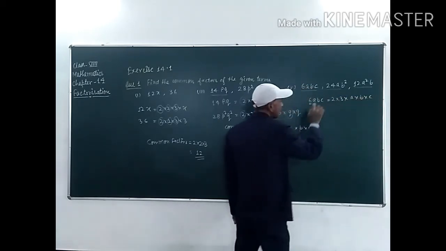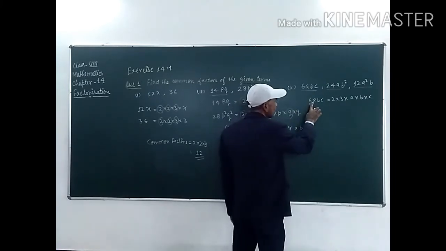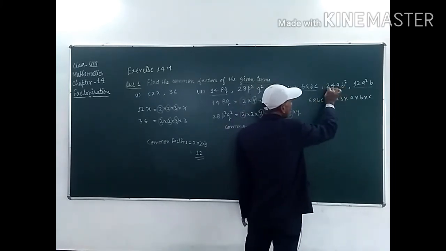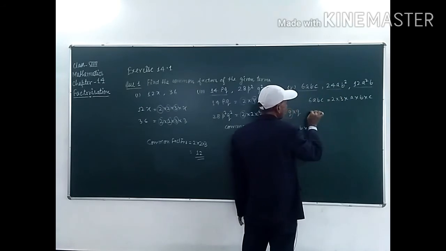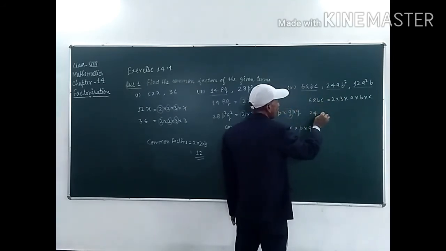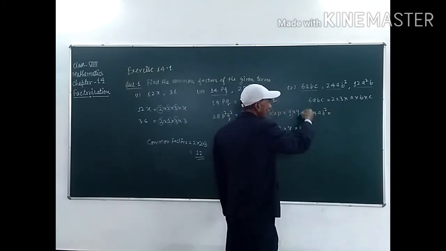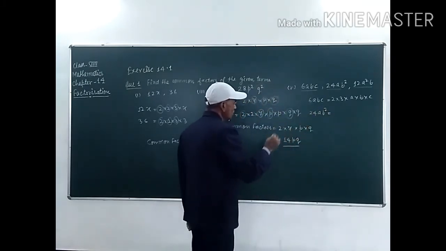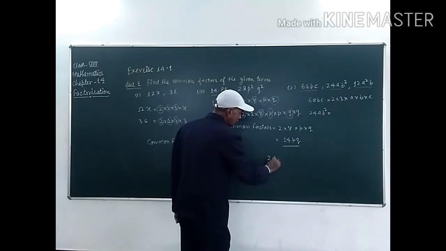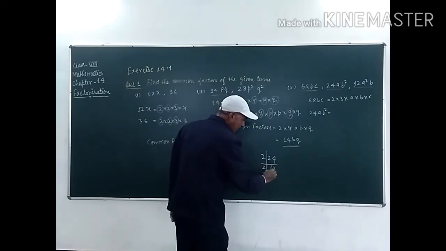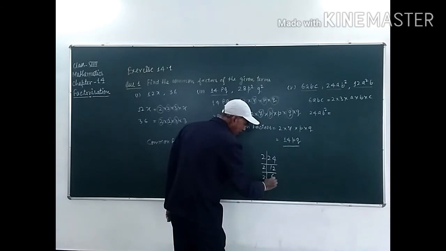These are the factors of 6abc. Now we have to find out the factors of 24ab square. The factors of 24, students. So find the factors of 24 first. Divide by 2, 12, again by 2, 6, again divided by 2, 3, and 3, 1.